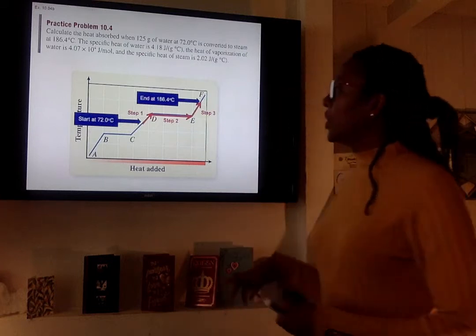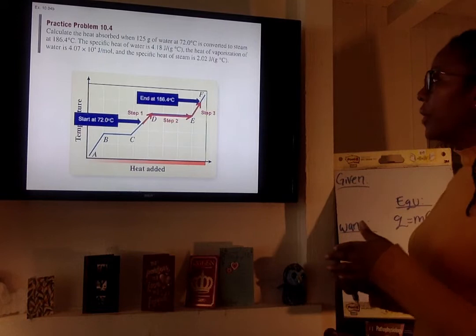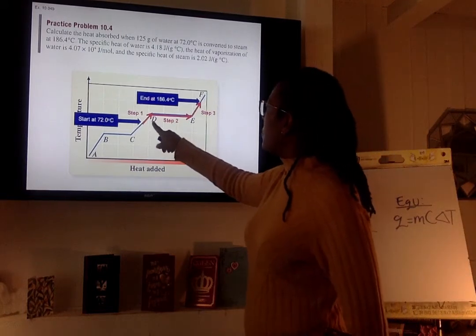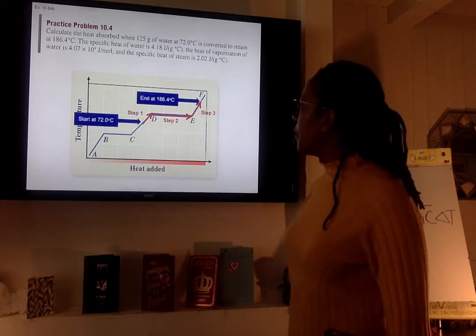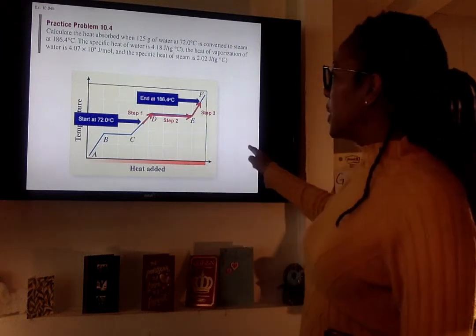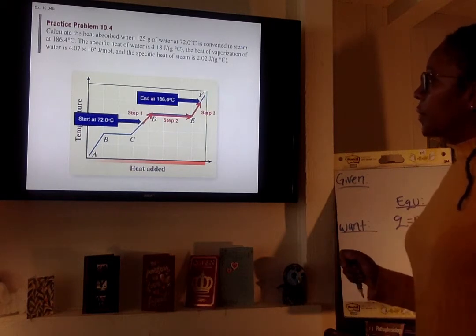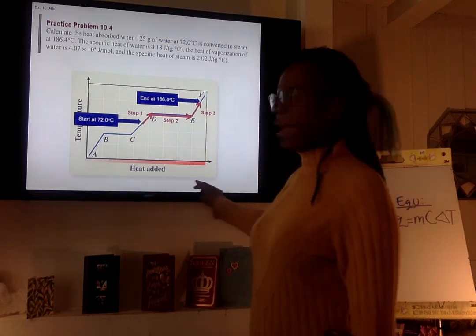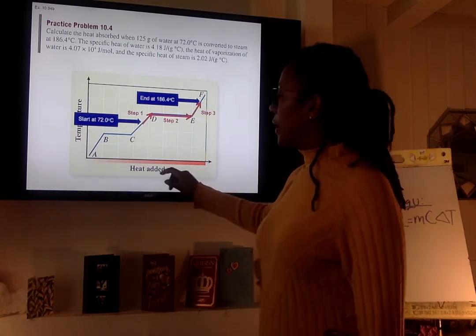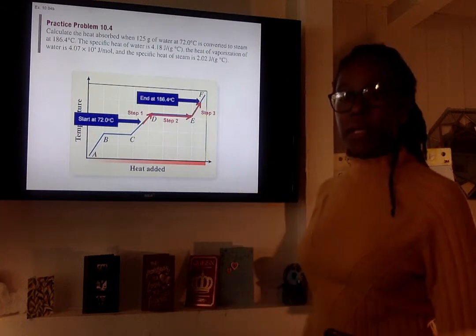Now when we're looking at this graph, that's also something I would want you to know: what phase change is going from D to E? If we're adding heat, what kind of graph would this be?